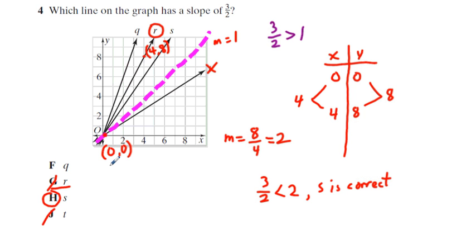Okay, and then if we work this out and take 2 points on here, we could take this point, 0, 0, and this is the point, what is it, 4, 6?